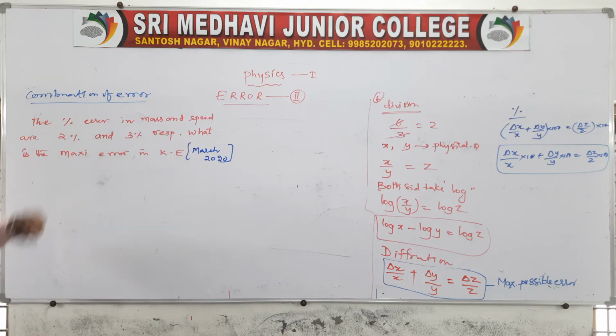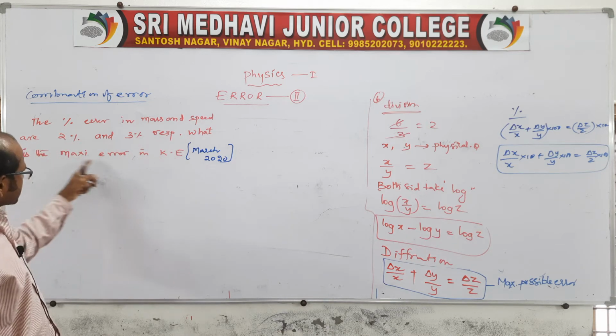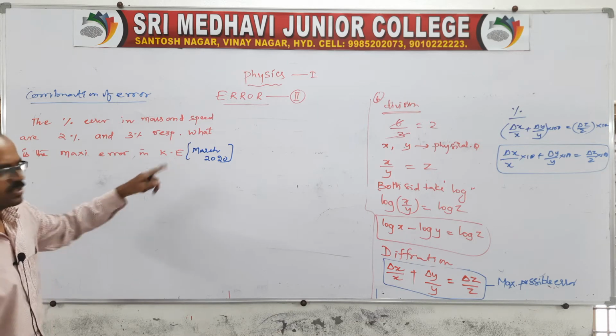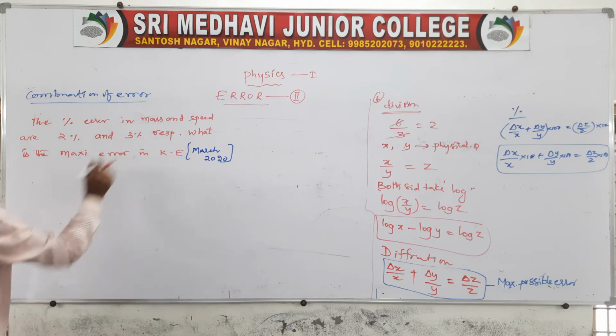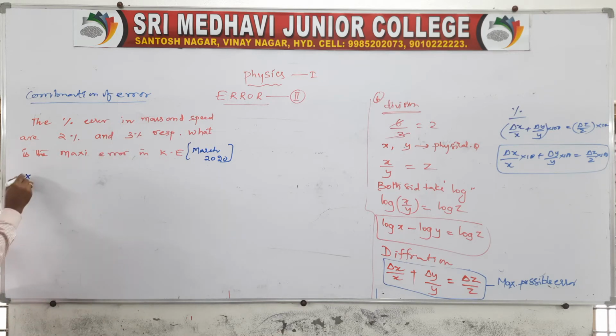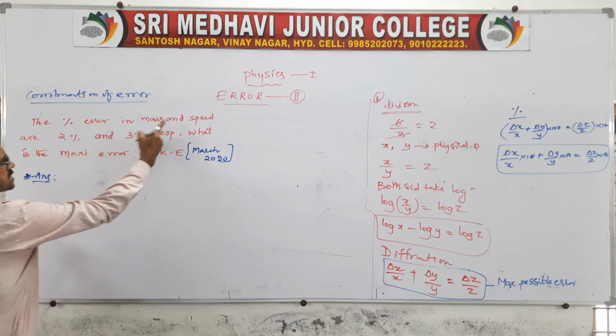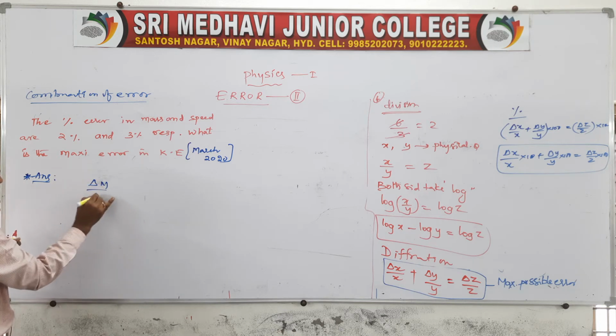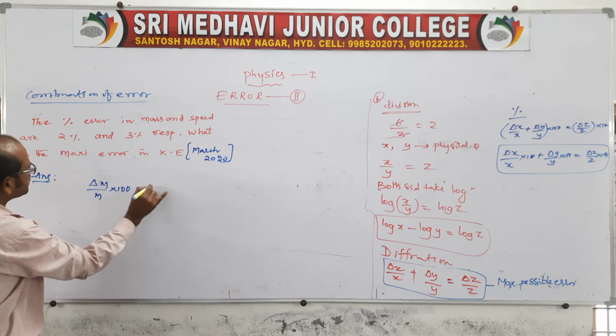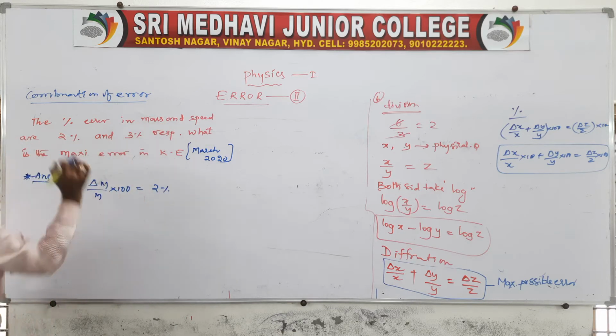So the percentage errors in mass and speed are 2% and 3% respectively. What is the maximum error in the kinetic energy? Here, what is given in the question is very important. While doing the problem, note down the given data. First, mass and speed percentages are given. That is, delta m by m into 100 is equal to 2% for mass.